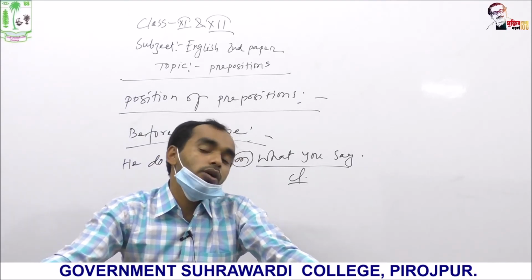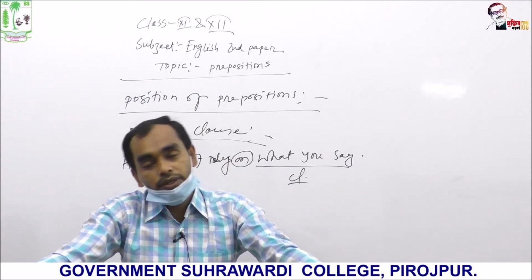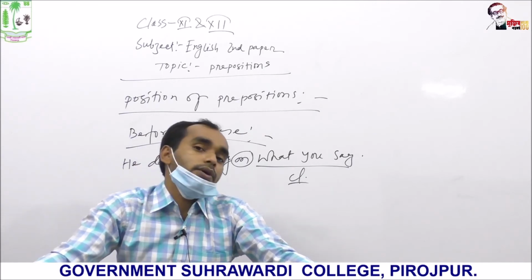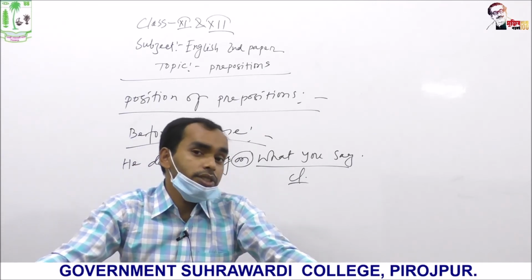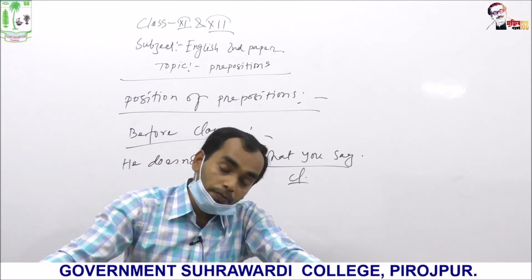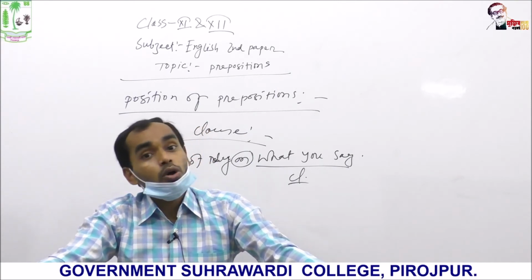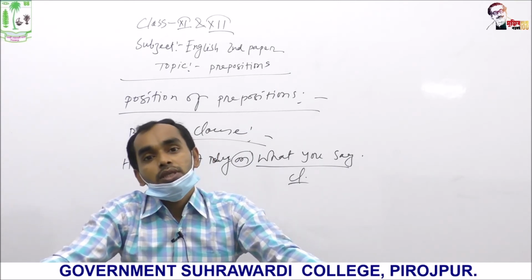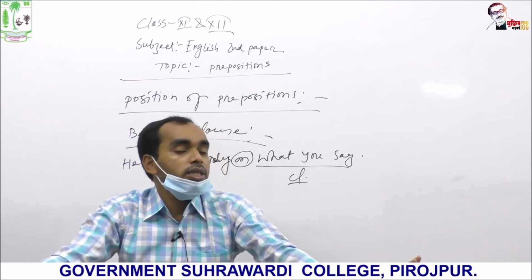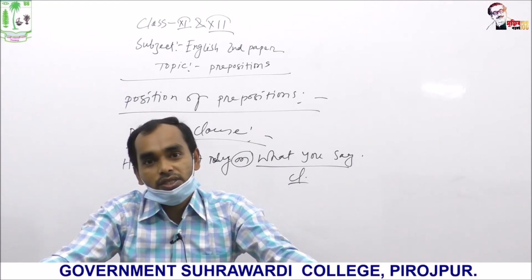Whereas, on the other hand, in a clause we find a subject and a finite verb, and it is used as a part of a sentence, whereas a phrase is used as a part of speech, and there is no subject and no finite verb in a phrase.